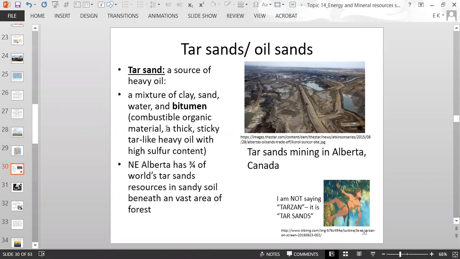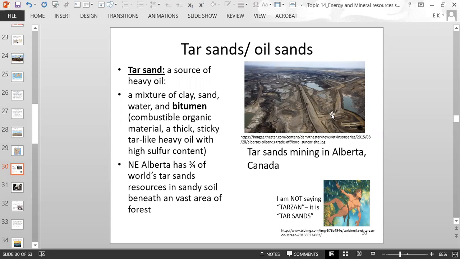It's thick and sticky, it's tar-like, it's a heavy oil with a high sulfur content. So northeast Alberta in Canada has 3/4 of the world's tar sands resources in sandy soil, but it's beneath a vast area of forest. So you have the problem of deforestation there as well.